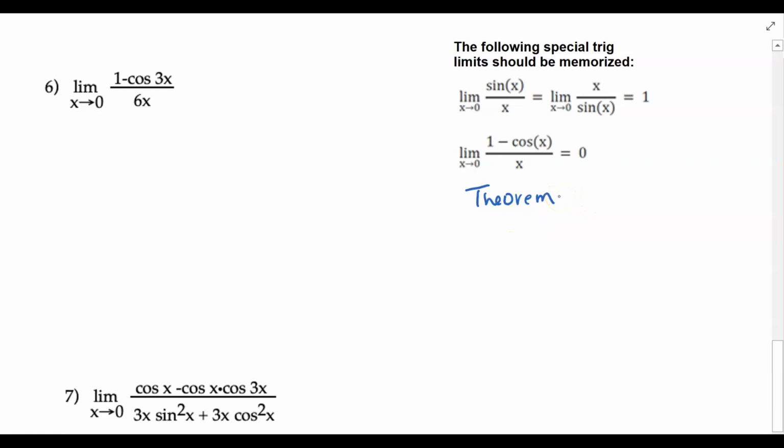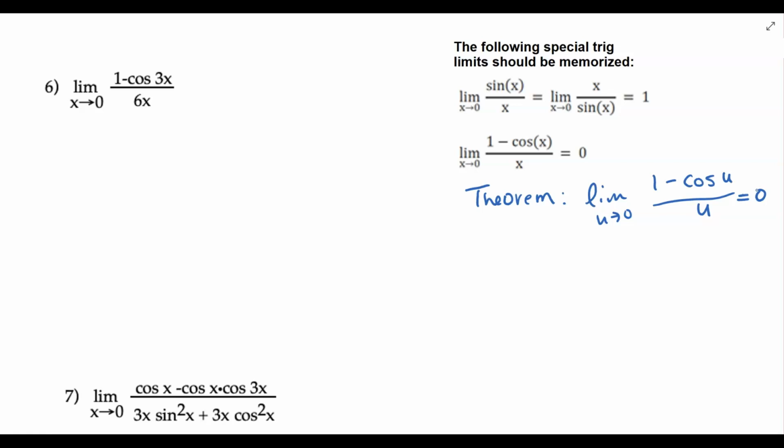The theorem goes like this for cosine: the limit as u approaches 0 of 1 minus the cosine of u, divided by u, equals 0. That's the theorem, where u can be any kind of nested function, like a composite function.